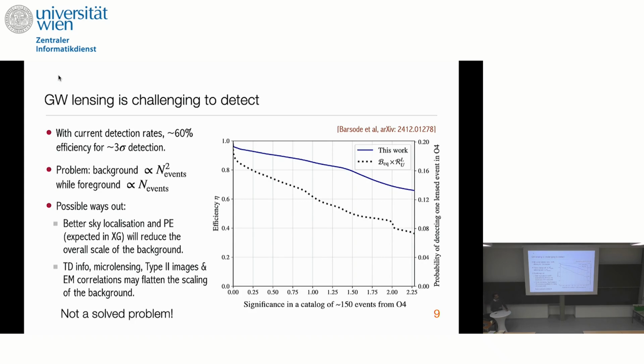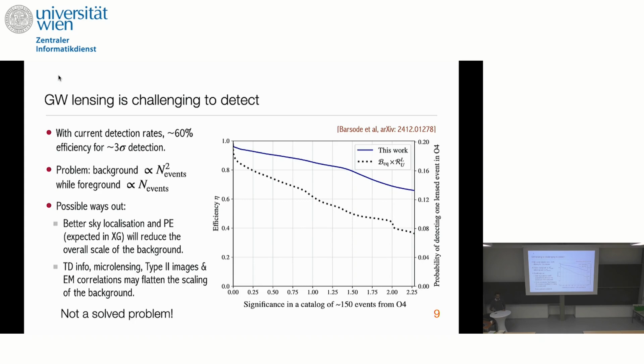So there is a problem of lensing versus LEC. This is a problem that is not yet solved, but there are possible ways of solving it, one would hope, because with future detectors, you'll be able to localize a large number of sources with much better precision. So we'll be able to improve the distinguishability better than what we have right now.